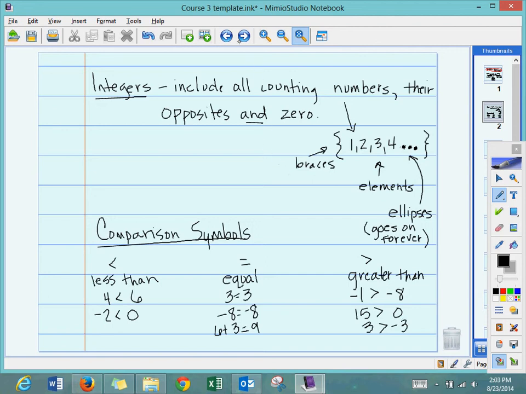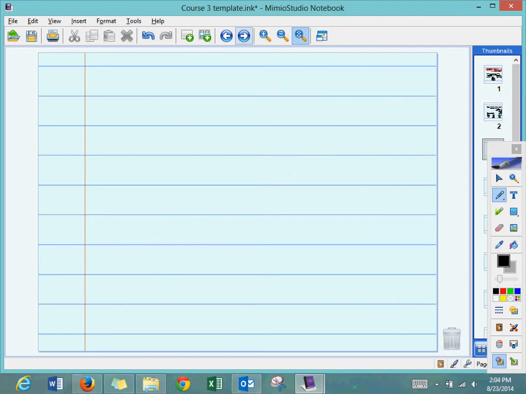One other item that is in this lesson that is really important is absolute value. Absolute value is going to be shown using the up and down bars. Okay, so maybe we have a number in here or a variable in there. So let's start with 3. What this is saying is the absolute value of 3.